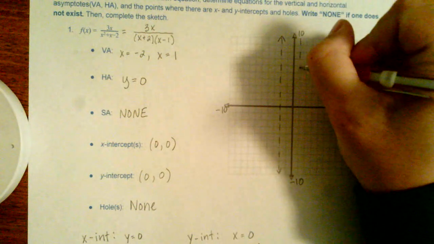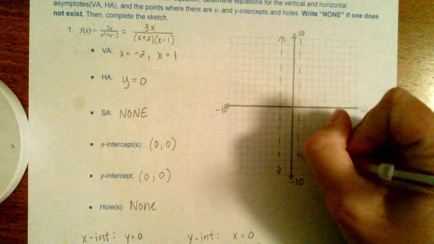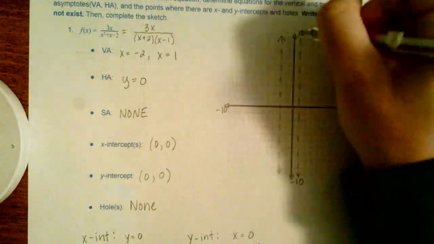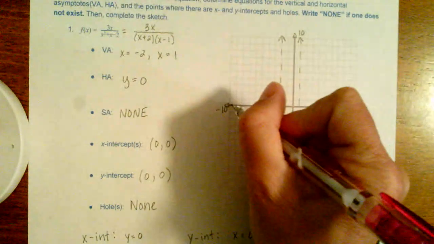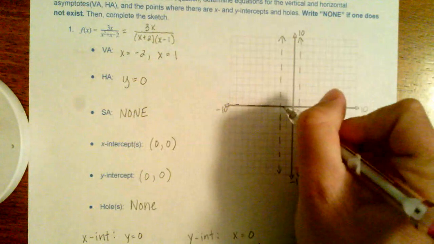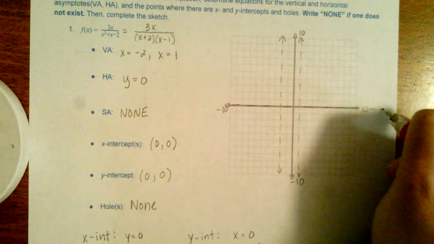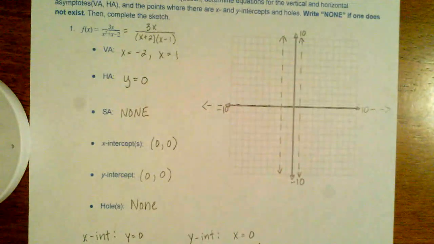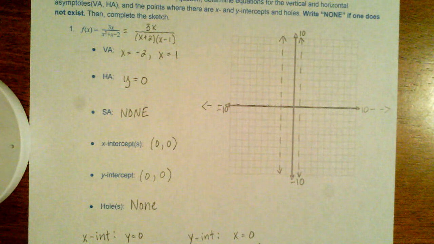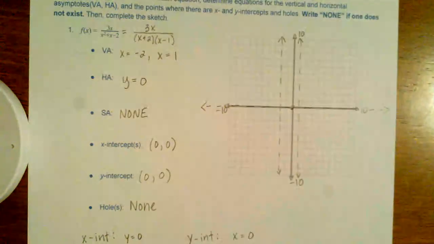Here's my next vertical asymptote at x equals 1. I'm going to have a horizontal asymptote at y equals 0. That one's kind of hard to see, so I like to extend it on both sides so that you know it's there. I'm going to plot my intercept of 0, 0.